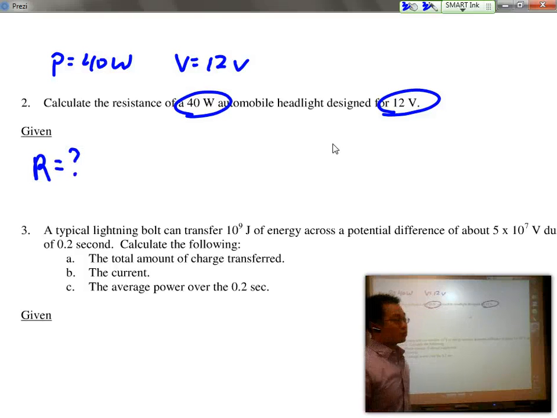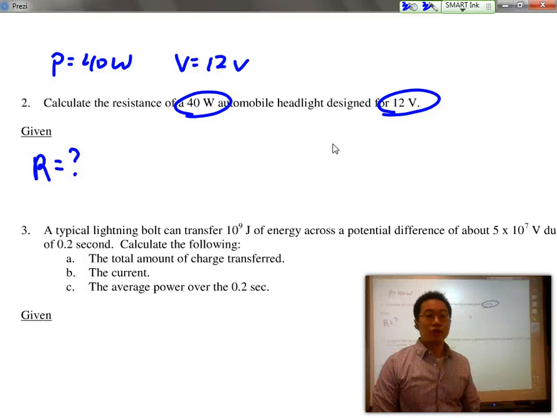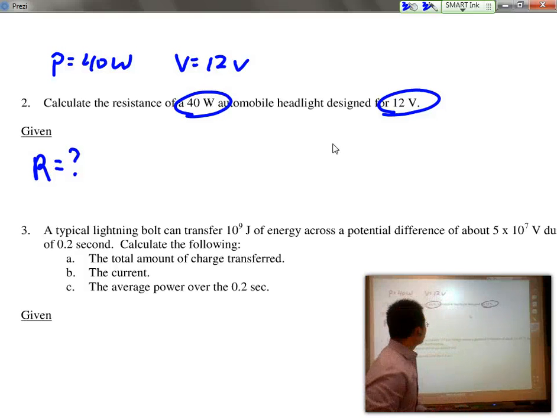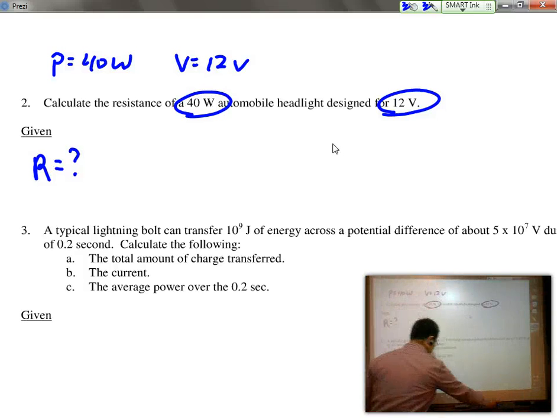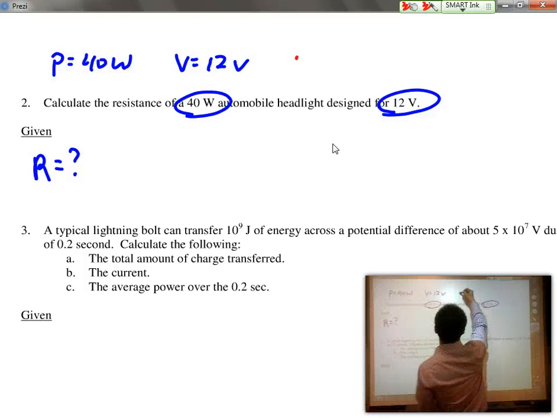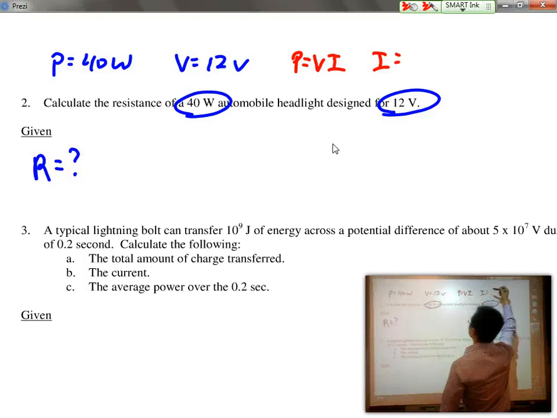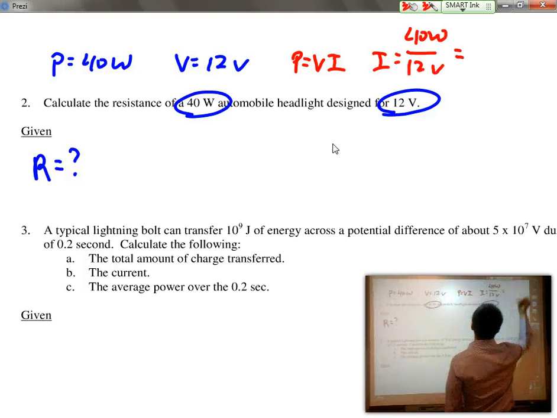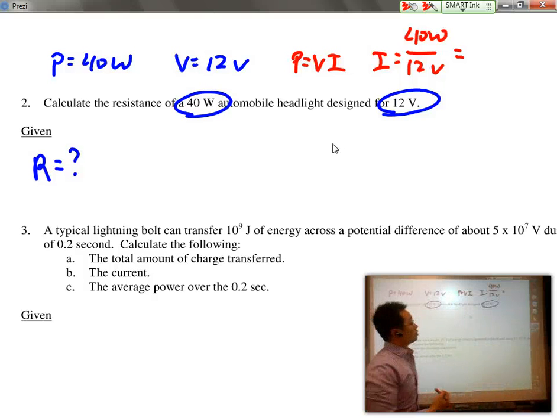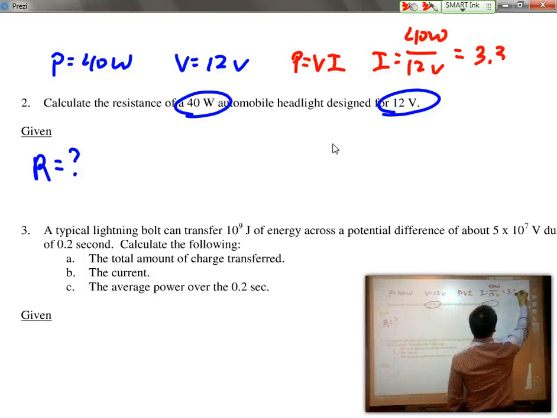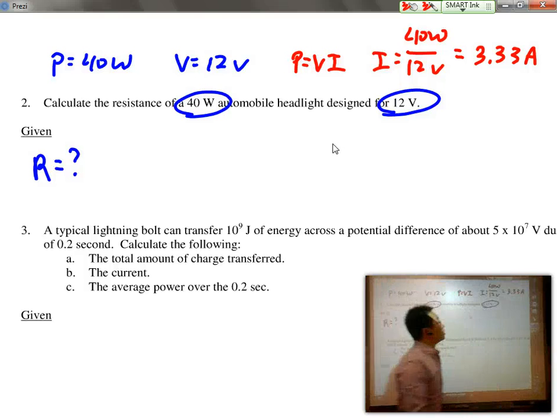You could go about this one of two ways. Knowing P and V, you can automatically solve for I using P is equal to VI. So I would equal 40 watts divided by 12 volts, which would equal 3.33 amps. And then knowing the current, you could then solve for the resistance.